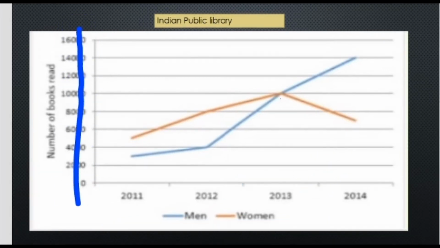And this is the y-axis, which represents the number of books read. It starts from 2000, 4000, 6000, 8000, 10,000, 12,000, 14,000 and 16,000. So the first point is how to write the analytical paragraph.